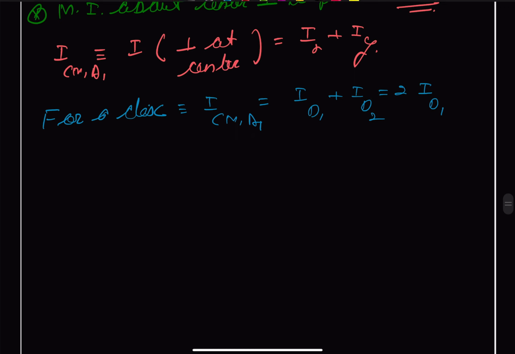So we get I center of mass with respect to A1 equal to twice, and with respect to diameter we have 1 upon 4 mr square, which gives us 1 by 2 mr square.